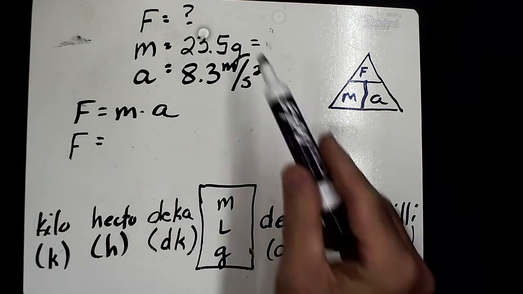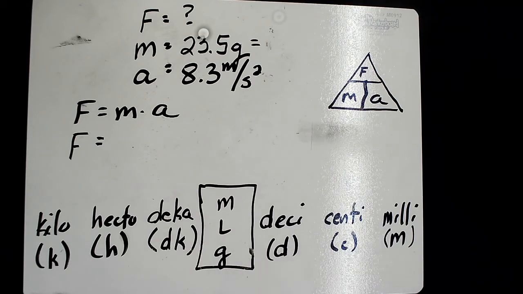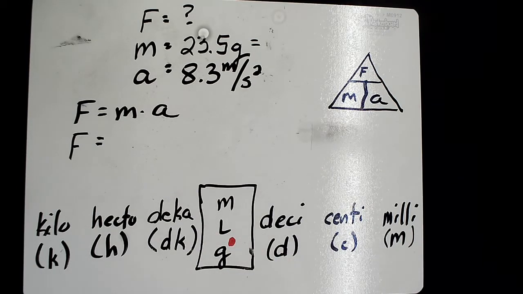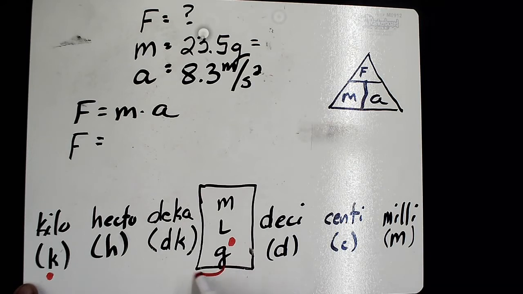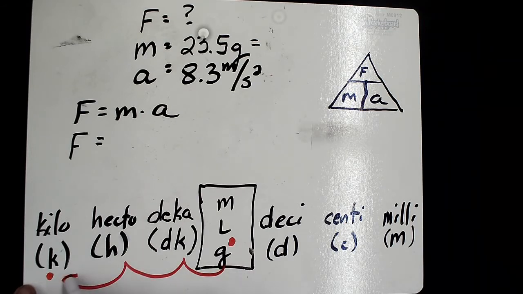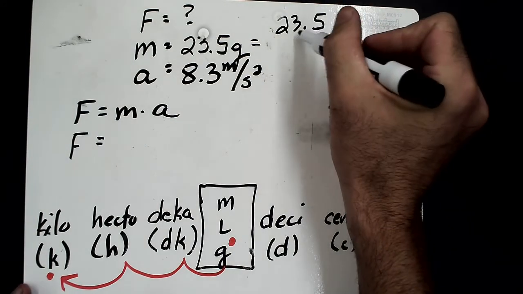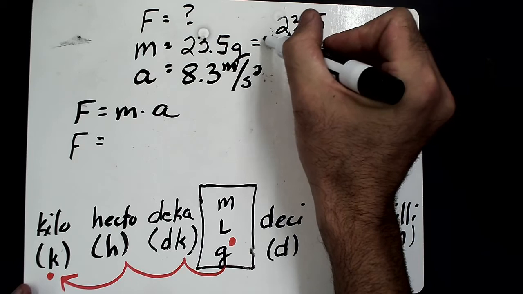Okay, so I've got 23.5 grams. That puts me here. Okay, I need to get to here to work with the force equation. So I'm going to go 1, 2, 3 jumps to the left. So I've got my 23.5, 1, 2, 3.